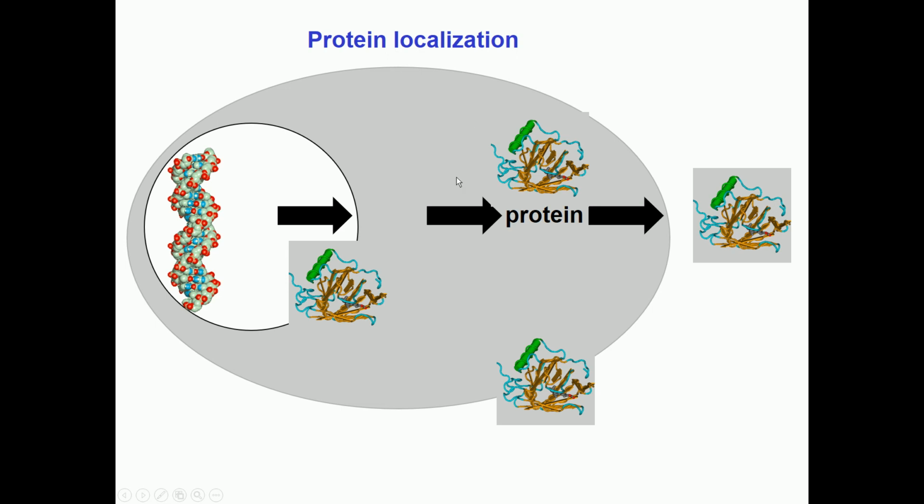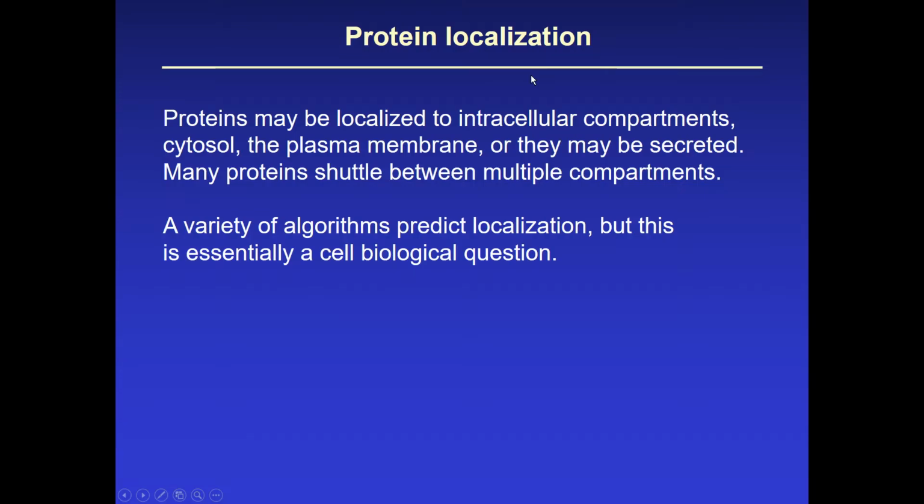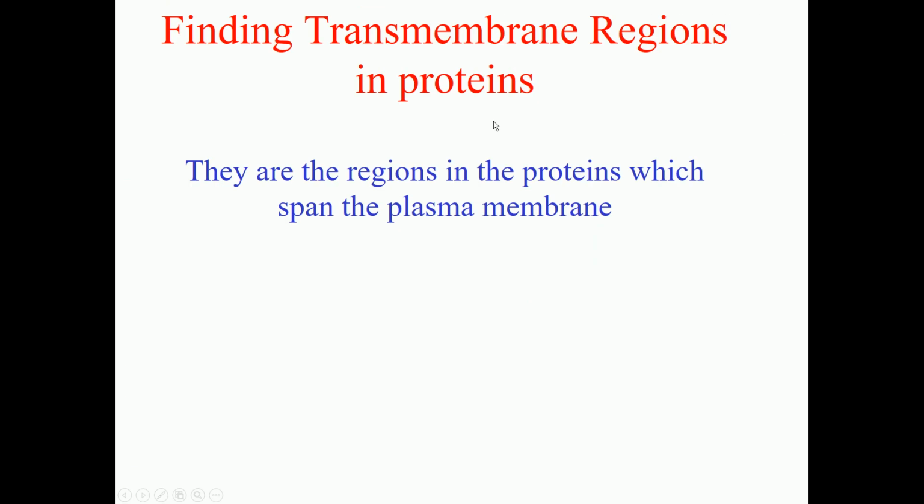So the transmembrane region of the protein is the part of the protein which crosses this membrane, which is a phospholipid bilayer. Basically, transmembrane regions are the regions in proteins which span the membrane.